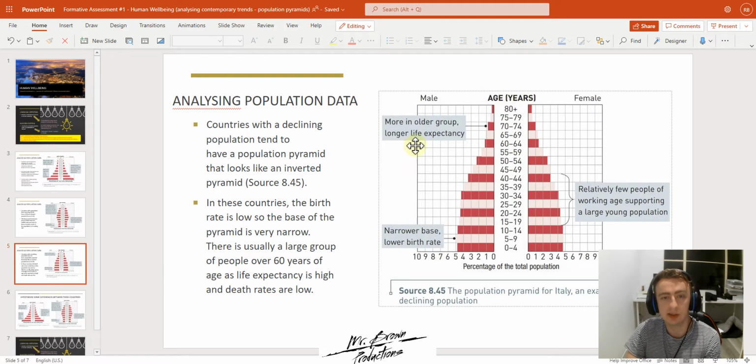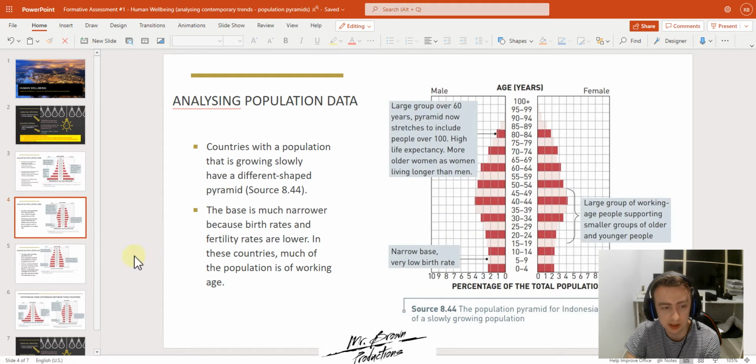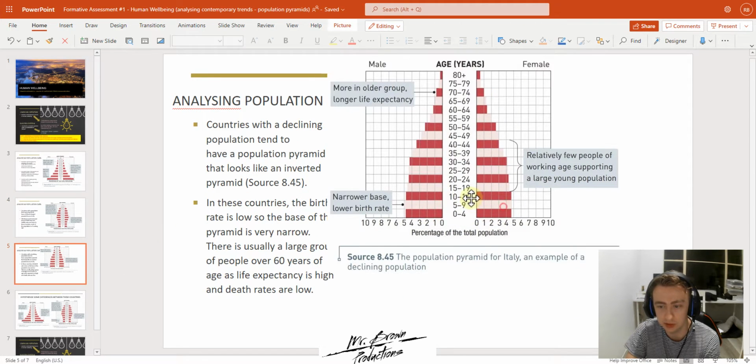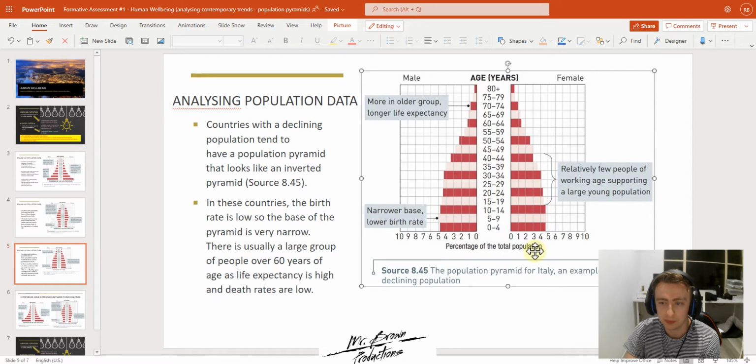This here is just a different kind of population pyramid. We can see it's more pyramid shape. It doesn't quite bottle like this. This is Italy in 2020. So here what we're seeing is it's still a relatively lowish birth rate, but it's not as low as, say, Indonesia. But it typically tends to narrow at the top.